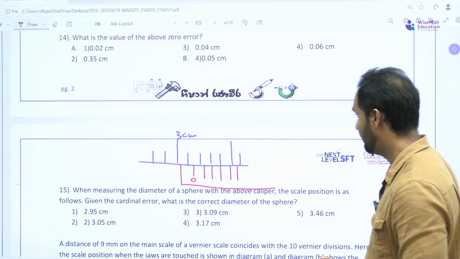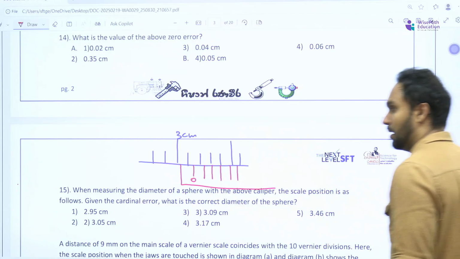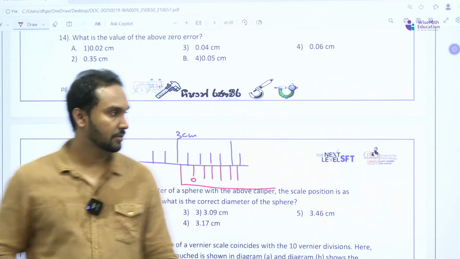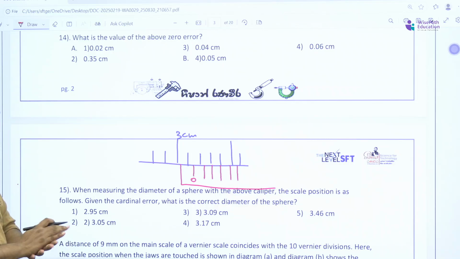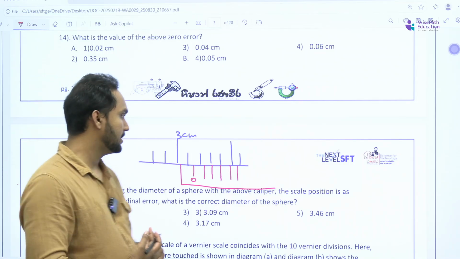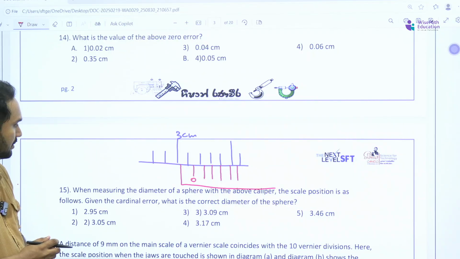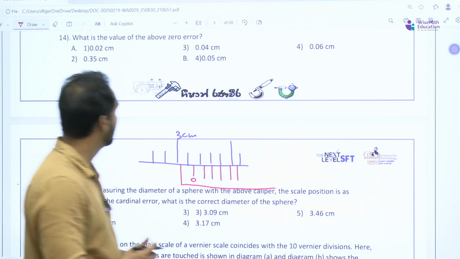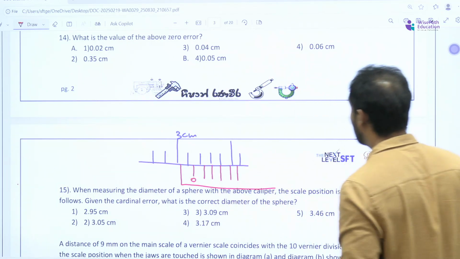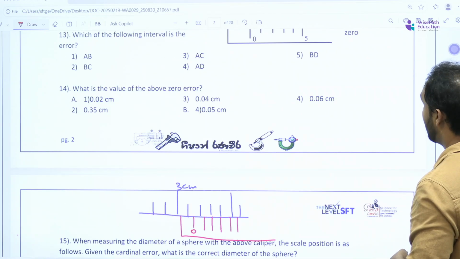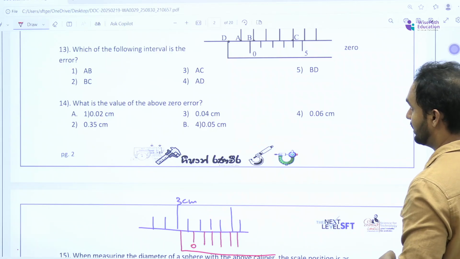Right. So if you are finished with the diagram, now let's go for the answer, right? When measuring the diameter of a sphere with the above caliper, the scale position is as follows. Given the error, what is the correct diameter of the sphere, right? Now this had an error in the question above.